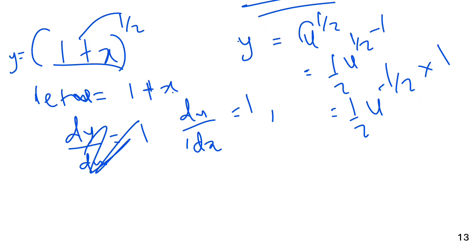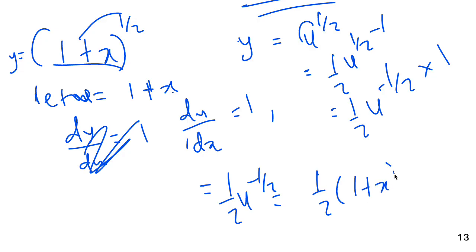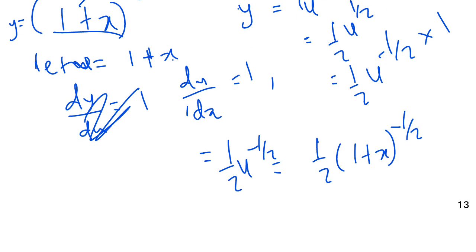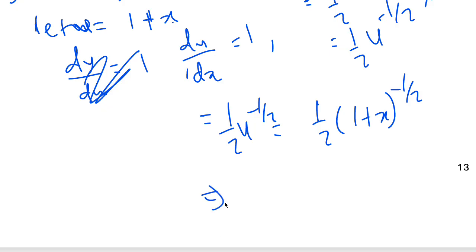Then we'll now recall that u is 1 plus x, and that's half into 1 plus x to the power negative half. And remember the negative law of indices, you could bring it down, and it becomes 1 over 2 into 1 plus x raised to power half. That is without the negative index.